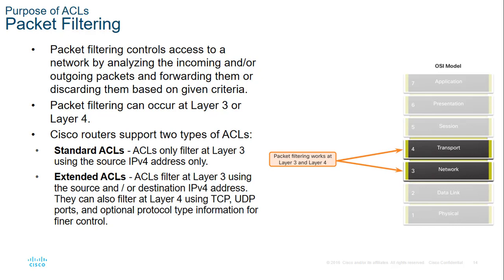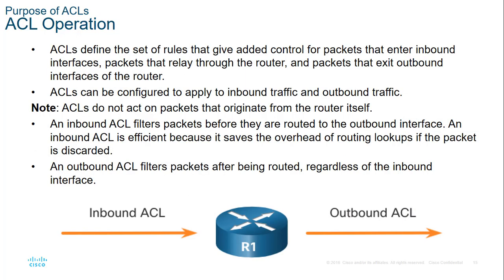ACLs define a set of rules that give added control for packets that enter inbound interfaces, packets that relay through the router, and that exit the outbound interfaces of a router. Now, note that ACLs do not act on packets that originate from the router itself.